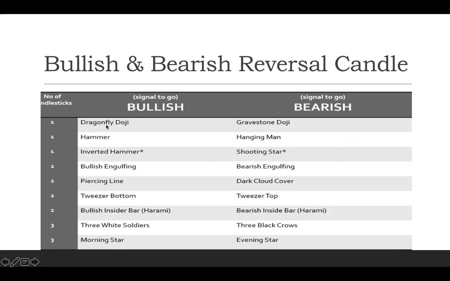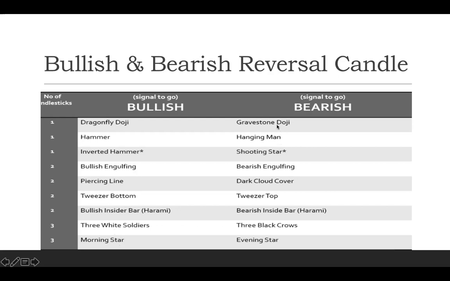When we see the dragonfly doji, we know that this is a bullish candle, so that's a signal for us to go up. We have the hammer, the inverted hammer, the bullish engulfing, piercing line, tweezer bottom, bullish inside bar or the harami, the three white soldiers, and the morning star. These are some basic kinds of candlestick patterns that we need to understand.